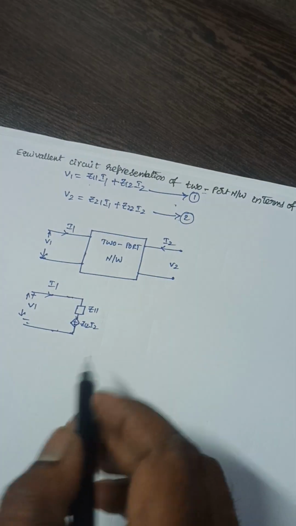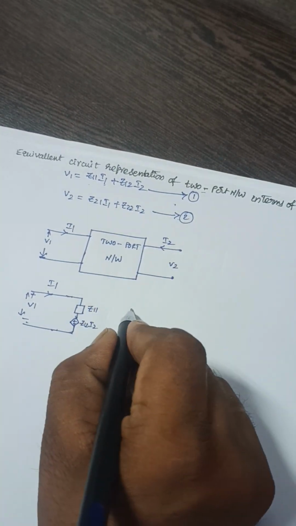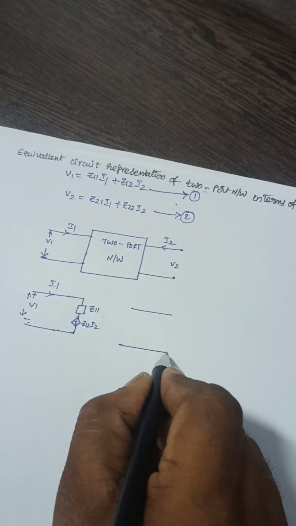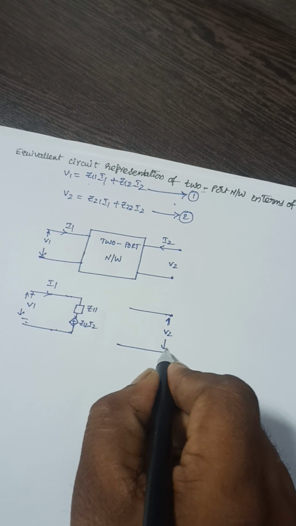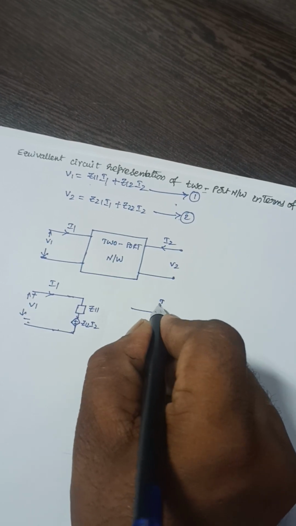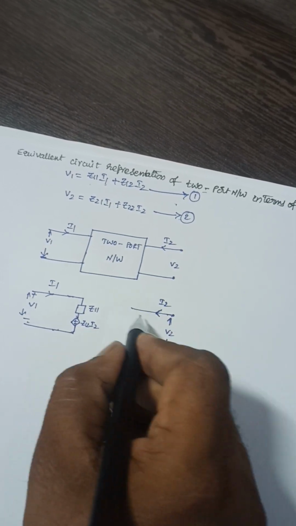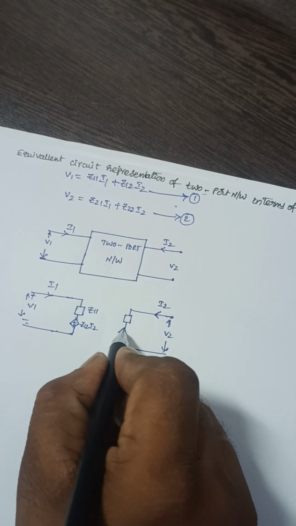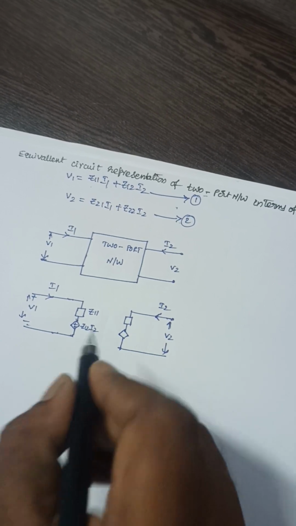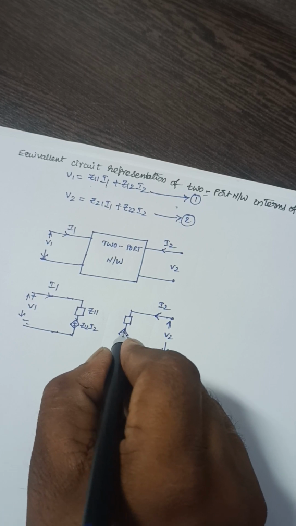Next, coming to the second port, here this is I2, and this is V2. Now I can represent this network like this. Here it is plus and minus.